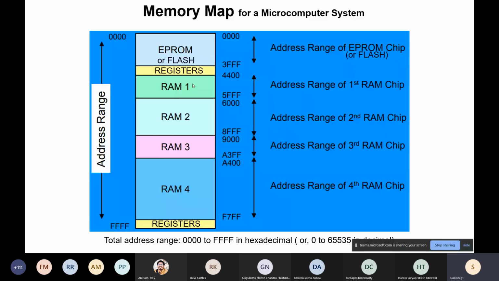In certain microcontrollers you may not have the option for RAM2 onwards, but you have only internal RAM1 up to whatever space in between. But the space occupied by RAM1 must be within the address range. The address range is the ultimate boundary over which your memory should be present, including non-volatile and volatile memories for code and data storage. And within that address range, you have to split up.